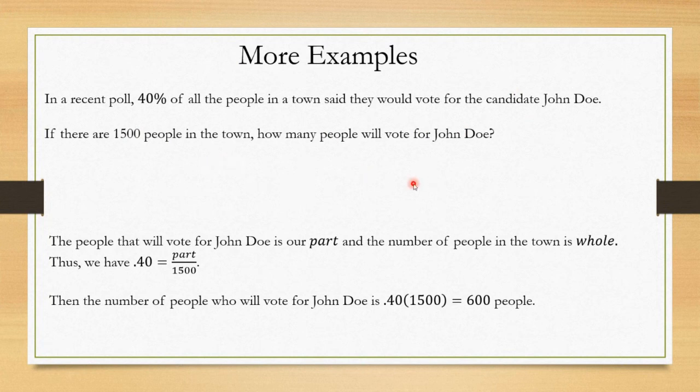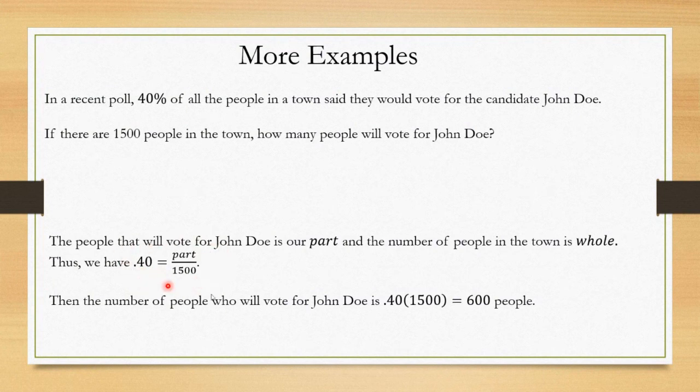So in this case, we want to know how many people will vote for John Doe. Well, the amount of people, that's part of the town, right? Part of the town, population, I guess, maybe that's better, will vote for John Doe. The whole town is 1,500. So we have part, that's our unknown. Only part of the town is going to vote for John Doe, 40%, which is 0.4 as a decimal. So we have this equation to solve.